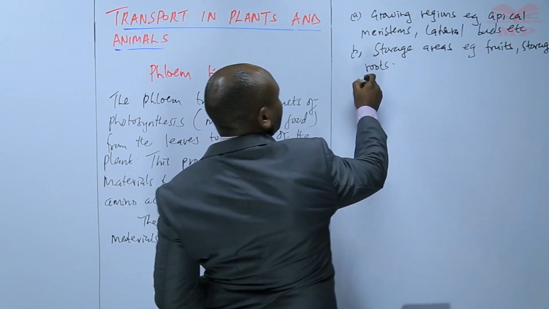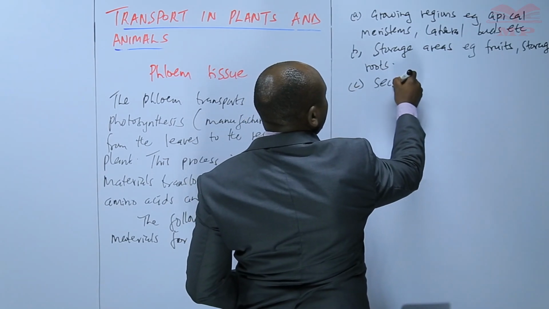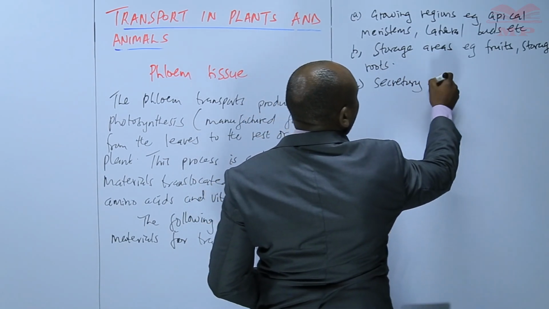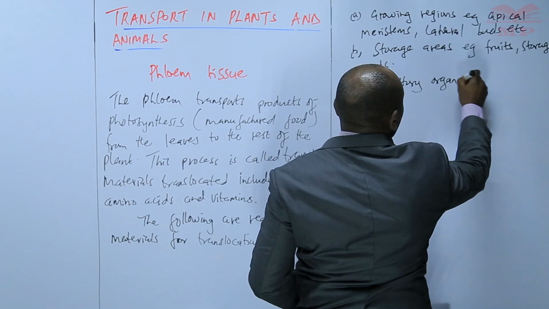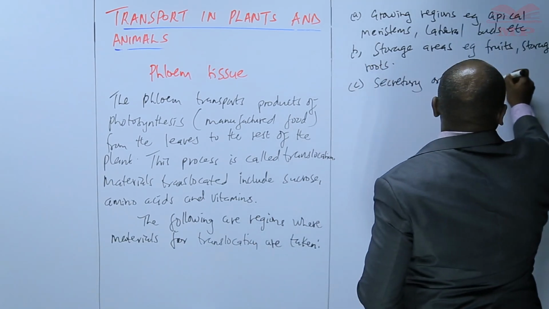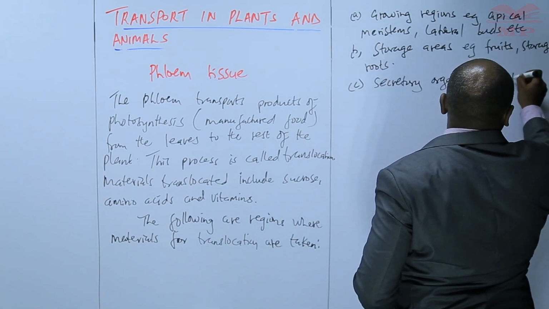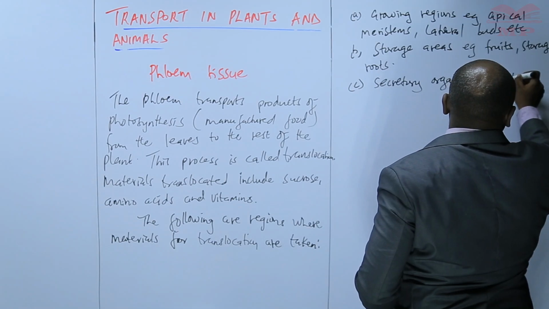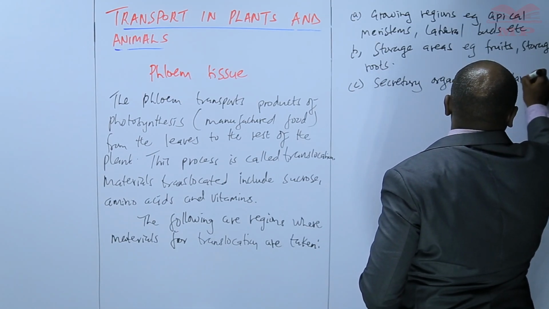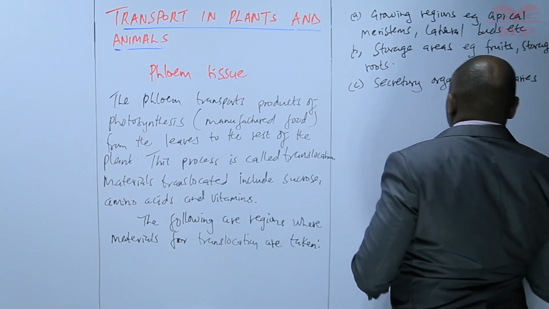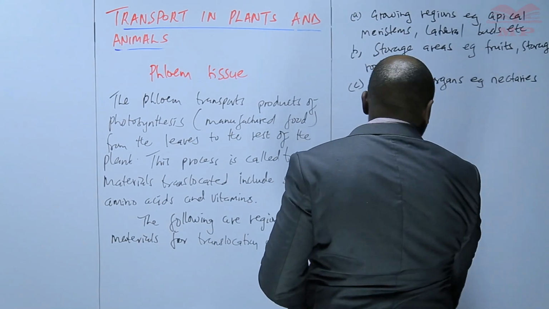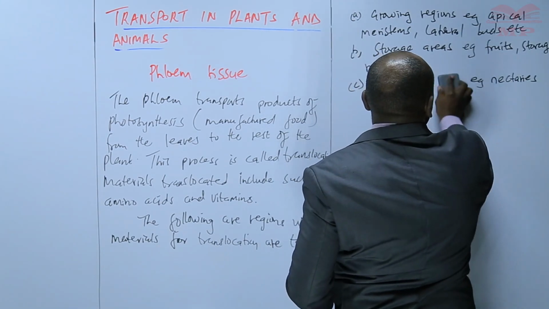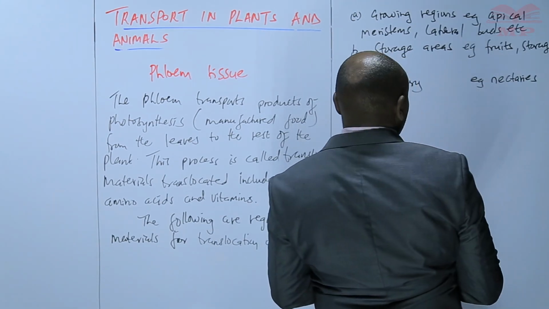And also, materials are transported to the secretory organs, e.g. nectaries. Secretory organs, or you can say secretory tissues. Let's just put it as secretory tissues.